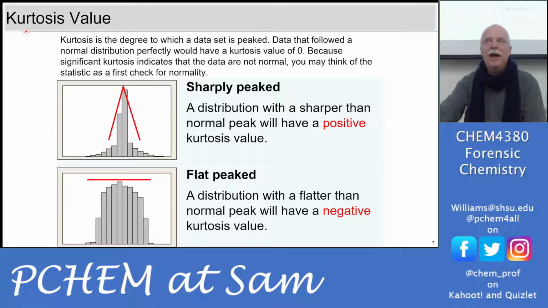This is another way that our distribution could be messed up. Now, the skew value tells you whether it's symmetric left and right, but notice how both of these are still symmetric left and right, but they're not normal. You have this mirrored image right down the middle, and the left and right still look similar, so they're not asymmetric. But there's some problem with this distribution.